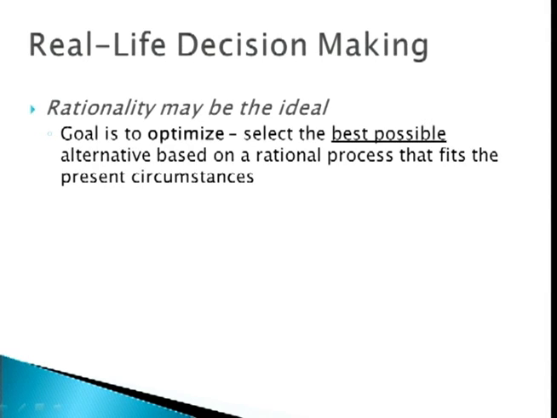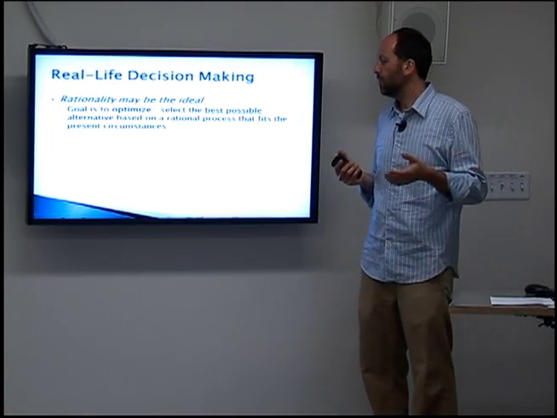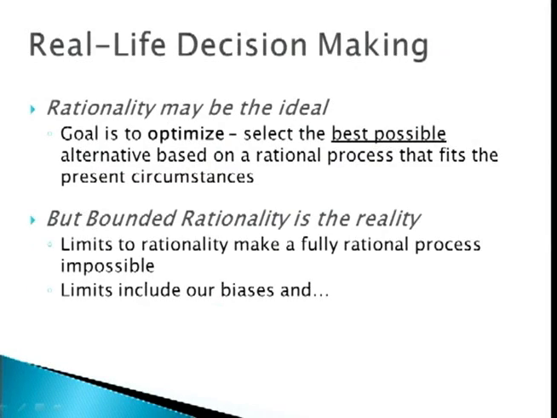The reality, however, is that we are not totally rational. And that's not bad, that's just how it is. We exist in a world that we would describe as characterized by bounded rationality. This is the idea that there are limits to being fully rational, based on the realities of our day-to-day life and our minds.